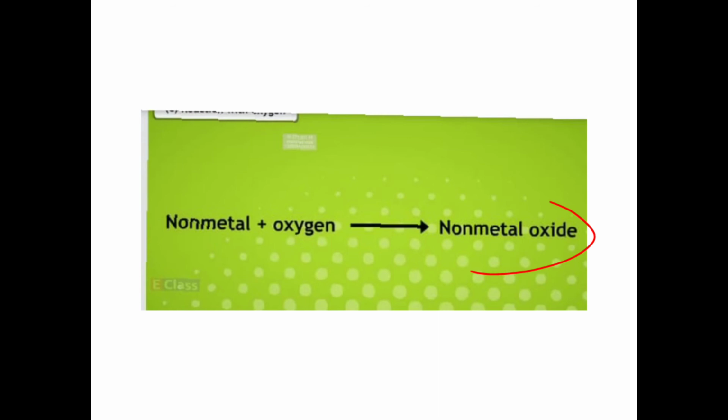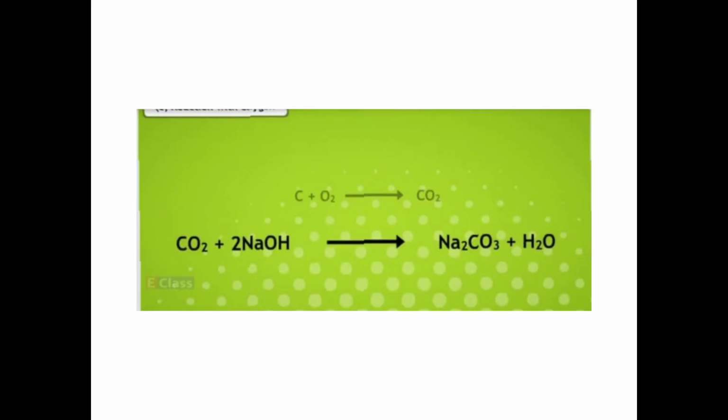Okay, so you have that particular oxide. When this carbon dioxide reacts with a base, it forms salt and water. Okay, so intermediate stages: CO2 plus 2NaOH gives Na2CO3 plus H2O.